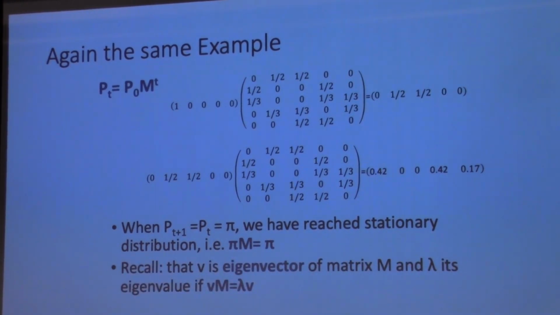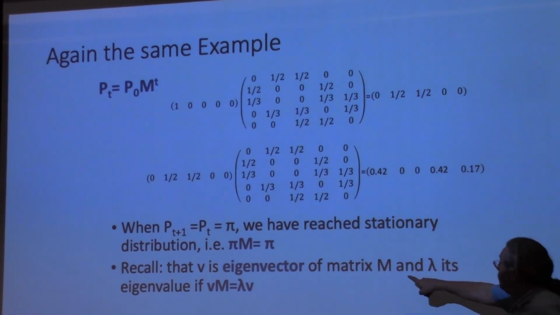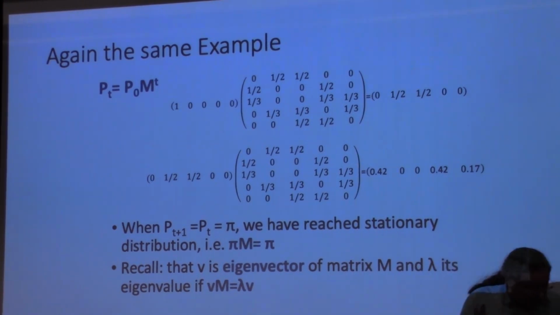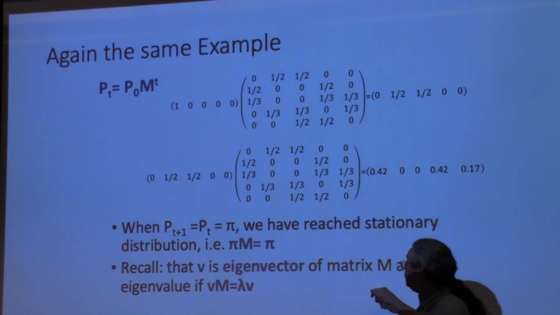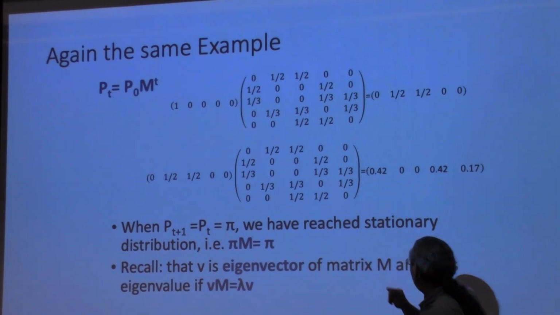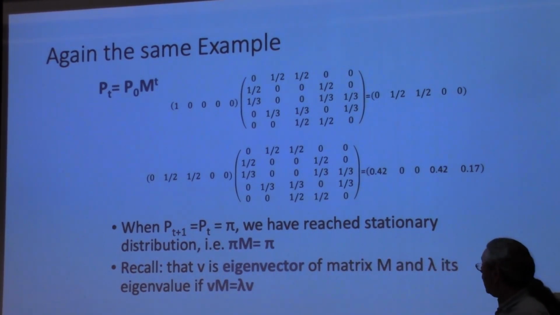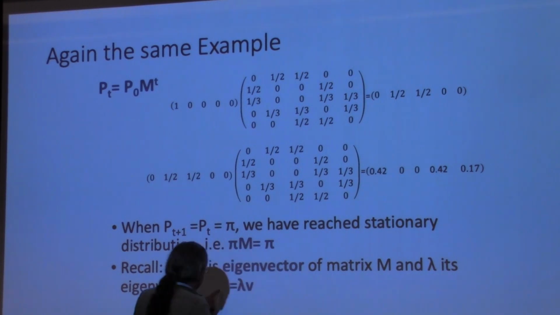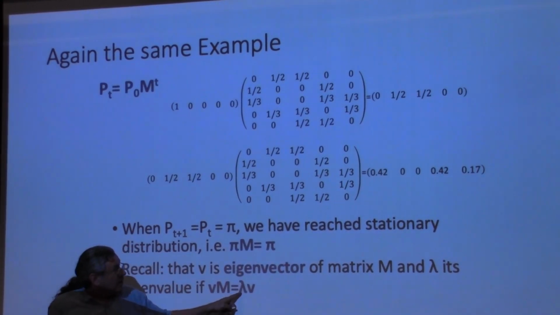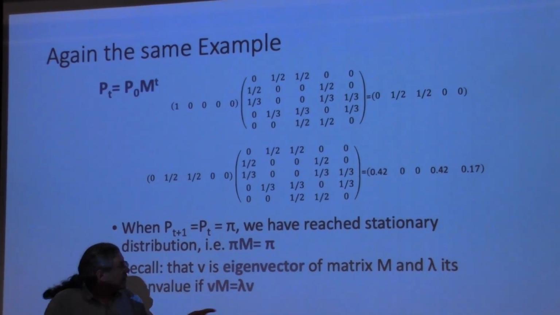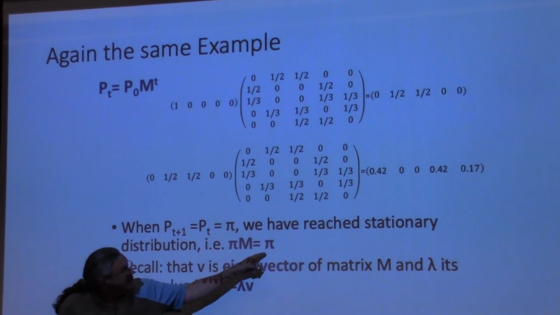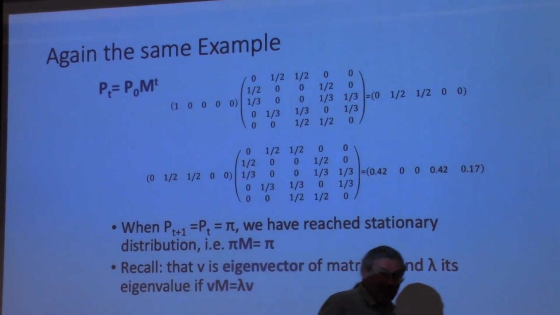You remember the notion of eigenvectors? Have you seen that? Well, this is an eigenvector here. Remember, every matrix has special vectors called eigenvectors that give some property of the matrix. So V is an eigenvector of M, and lambda is the eigenvalue, if V times M is equal to lambda, which is a scalar number, times V. It's just scaling the V. So this one is clearly an eigenvector, right?